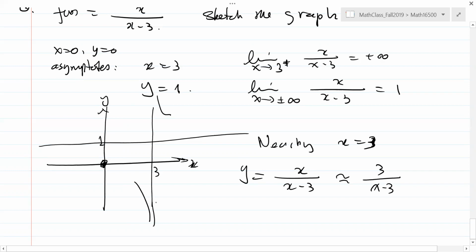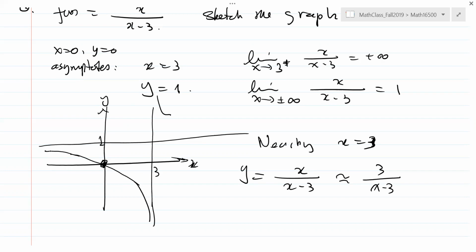So the graph passes through the origin, so it must be like that. The only question is whether it will go across the horizontal asymptote or not.